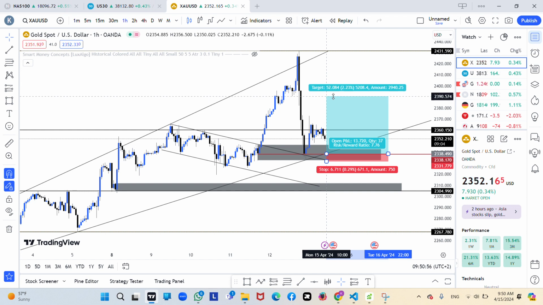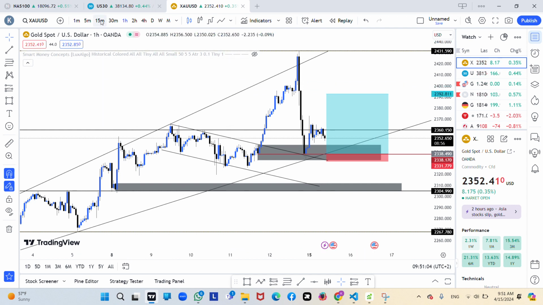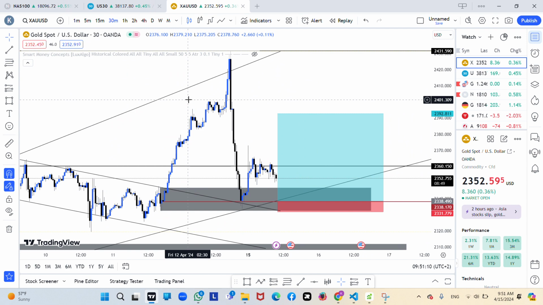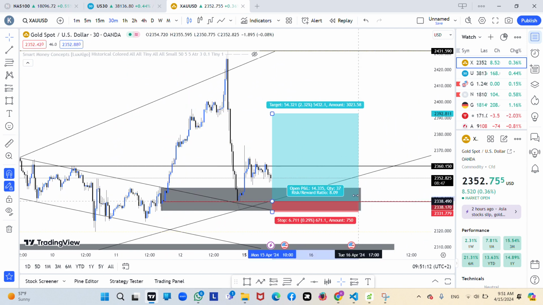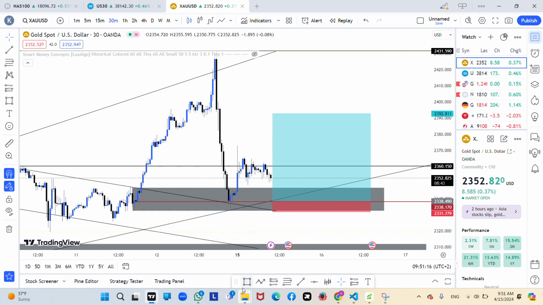1:7. Okay, right there. 1:8. It's good. We want to scale in, right? That's our first entry, and my second entry, I would like it to be somewhere there.